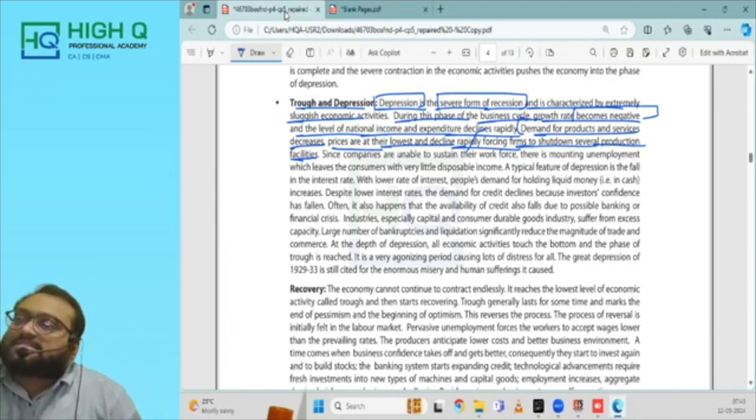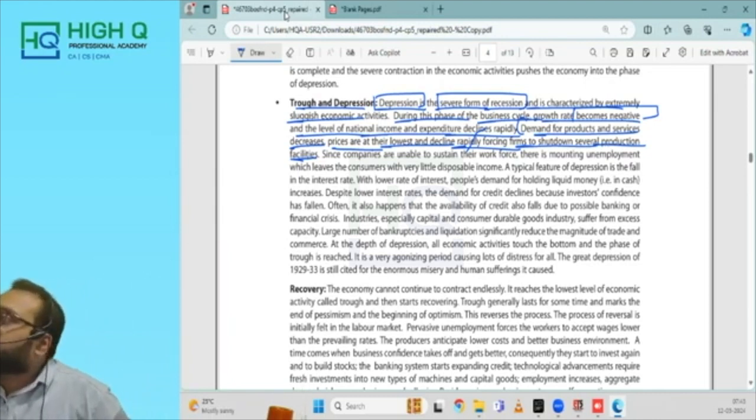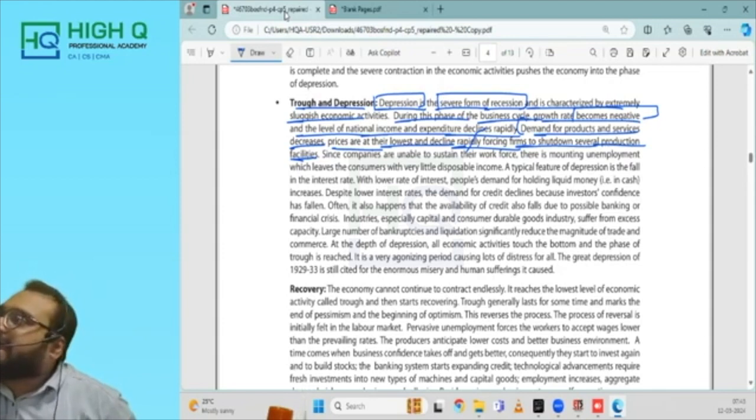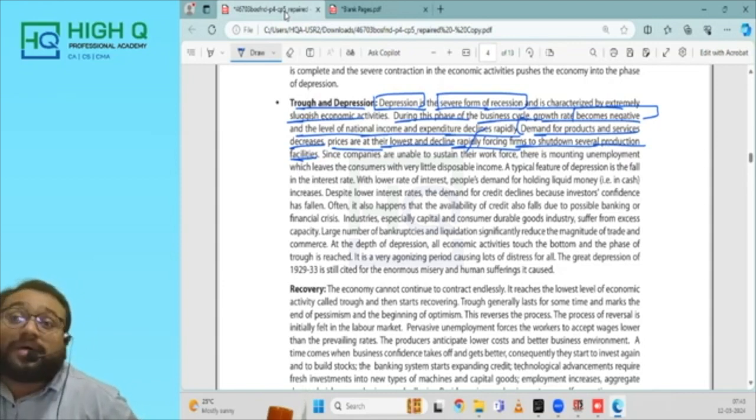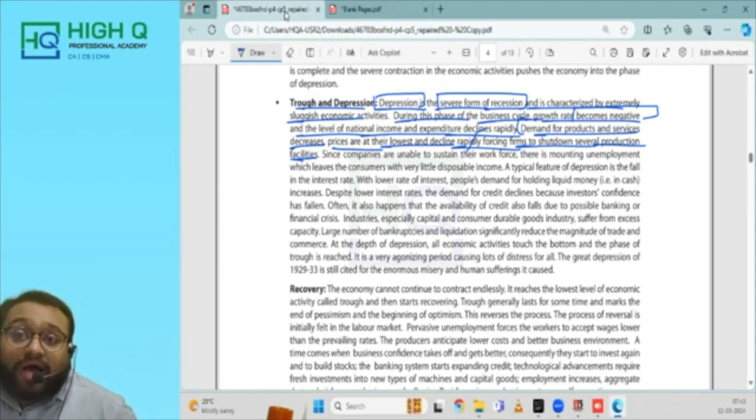The LED bulb has the biggest market. Till 2030, the LED bulb market, if I'm not wrong, is going to be US 3 million. How much? US dollar 3 million. We are not talking about rupees.